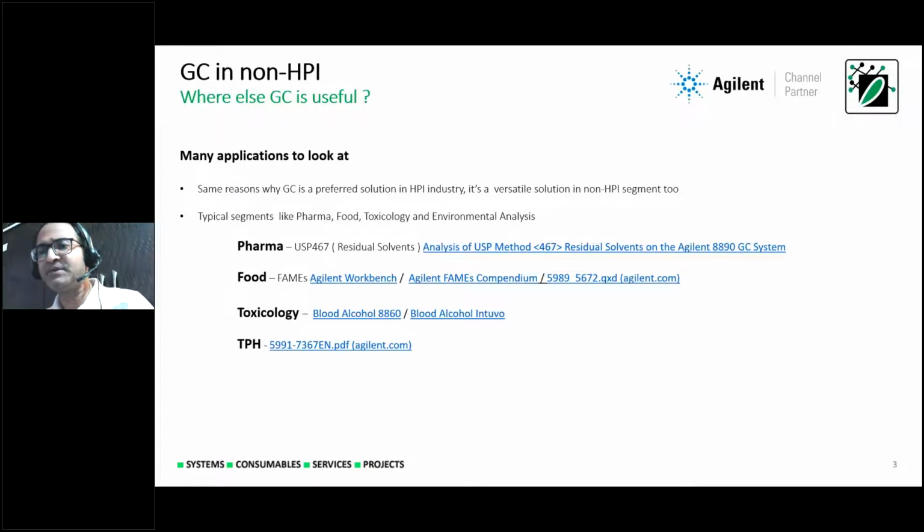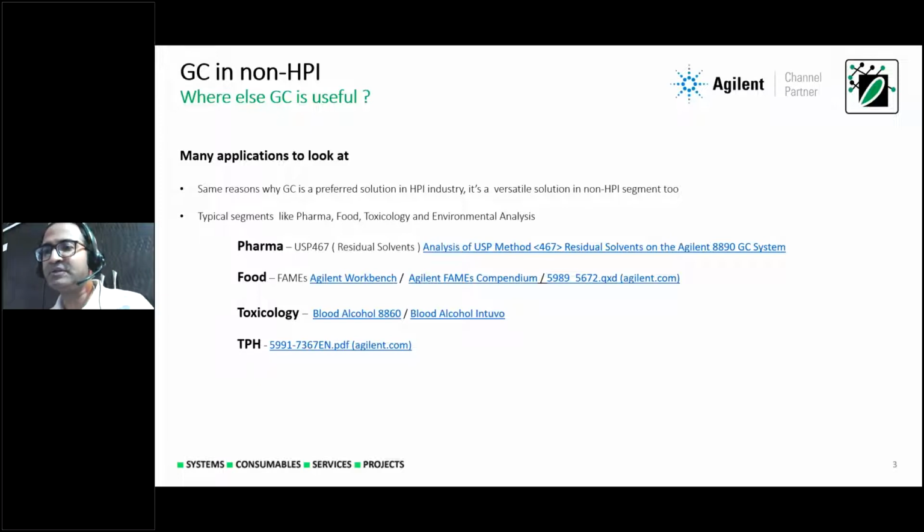Speaking about the pharma, for example, specifically, we will look at the residual solvents analysis. It's an analysis that many pharma labs will have to do. It's mandatory for many pharma labs, and therefore that analysis is very critical, especially in the pharma sector. I have seen some people using the solvents analysis in the paint industry as well.